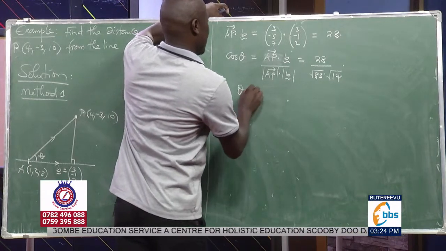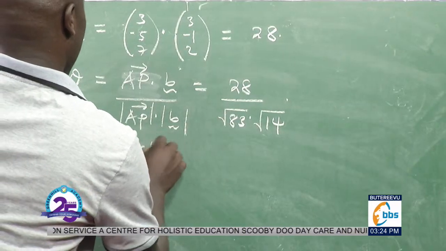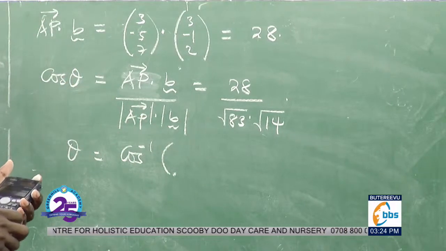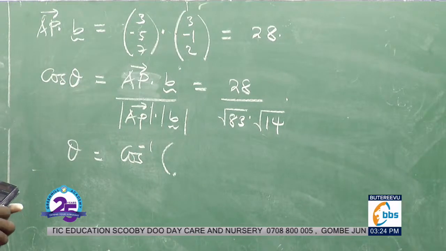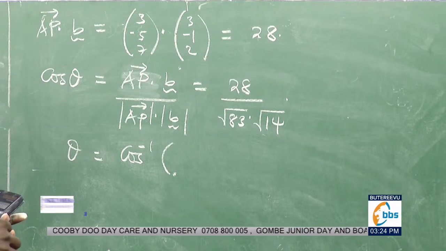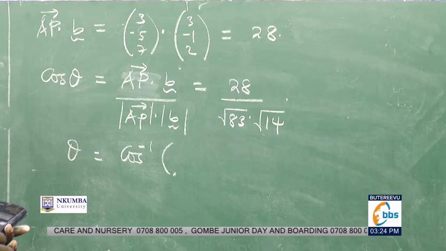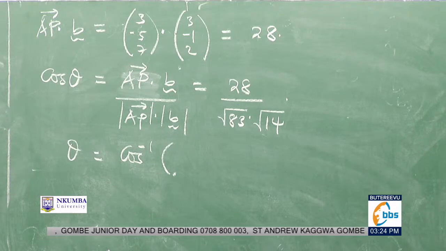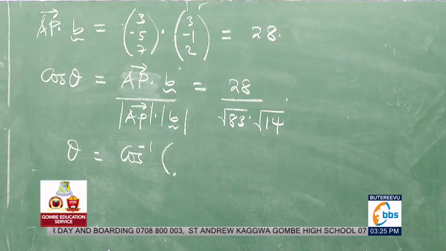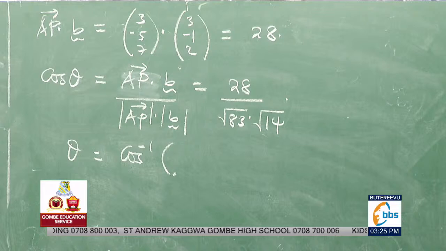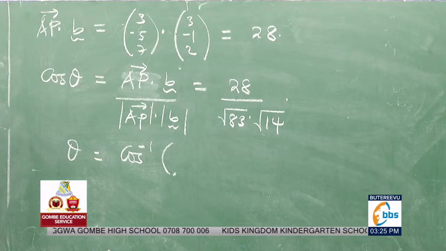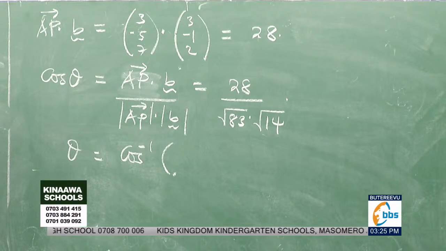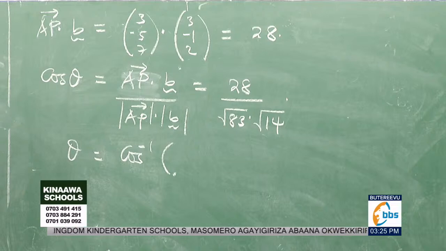So theta is going to be the cos inverse of 28 over root of 83 times 14.